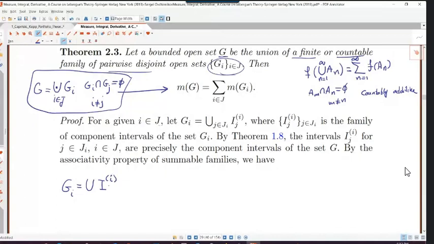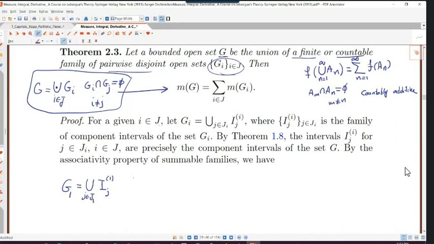We put I above the capital I to emphasize that this is relative to this I. For example, G1 is the union of I1J, where J belongs to J1.